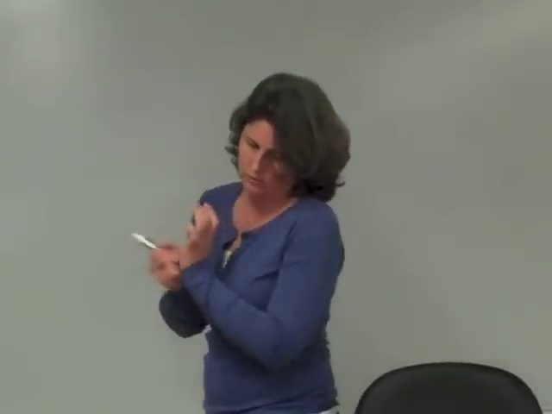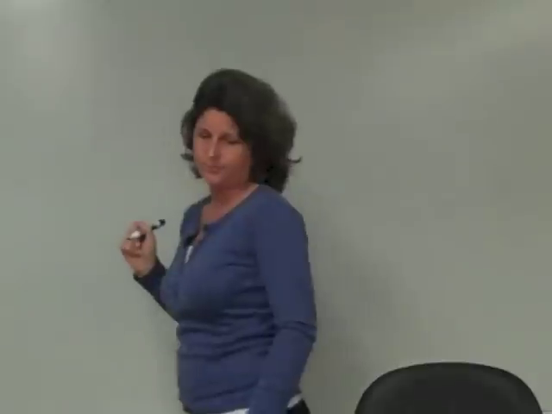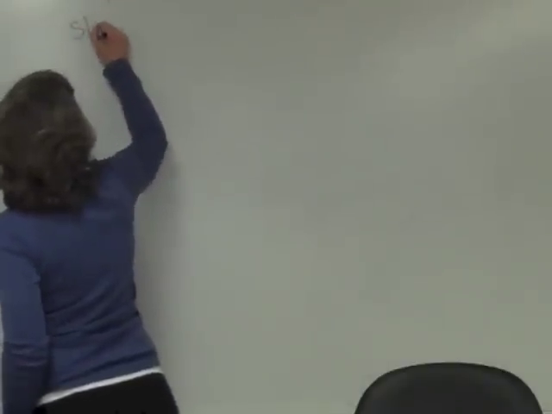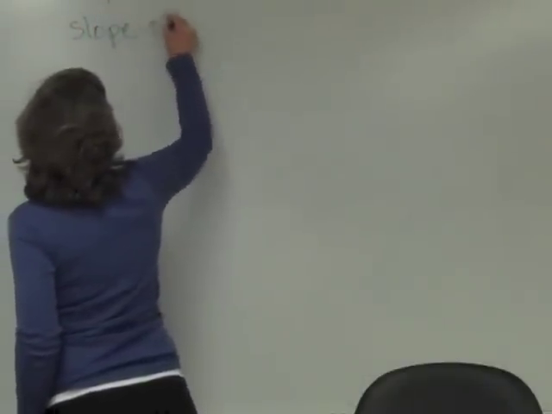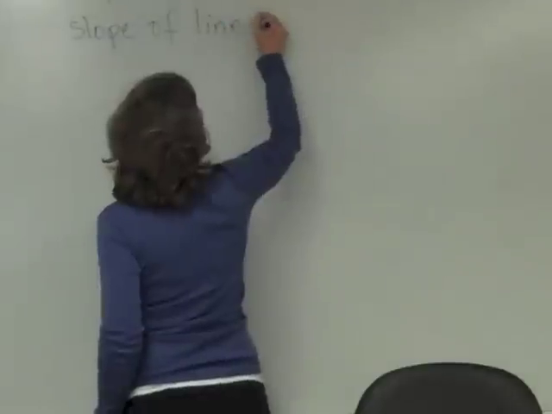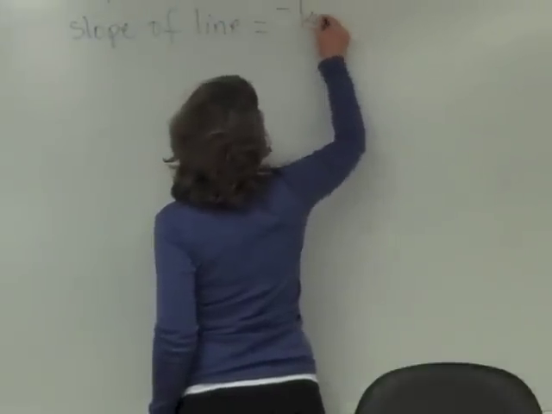The next thing we need to do is determine the value of the rate constant k. That's what we're trying to find. Because this is first order, the slope of the line is equal to negative k.